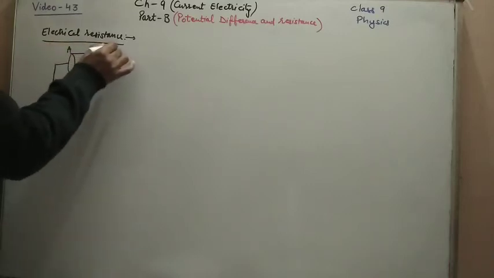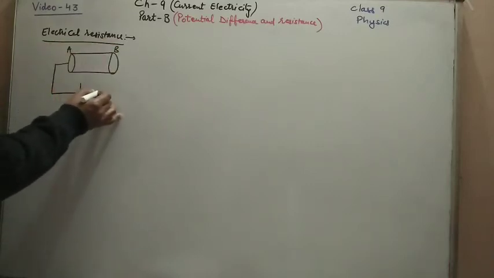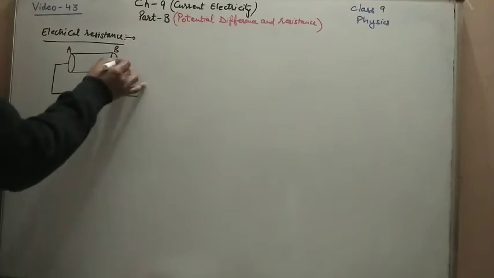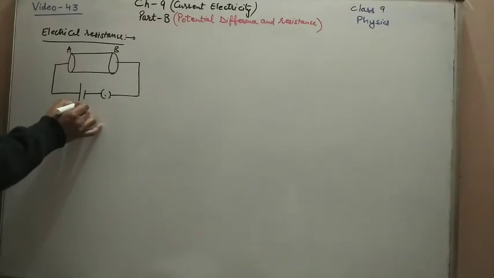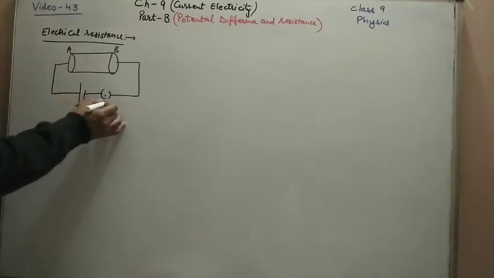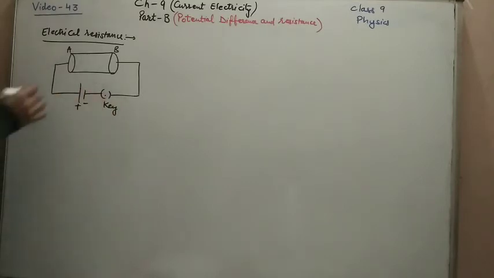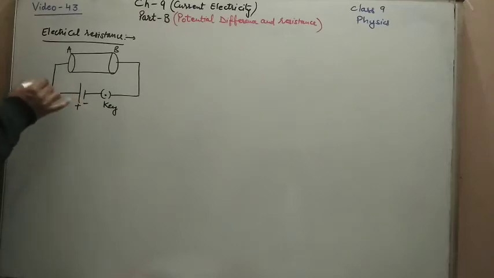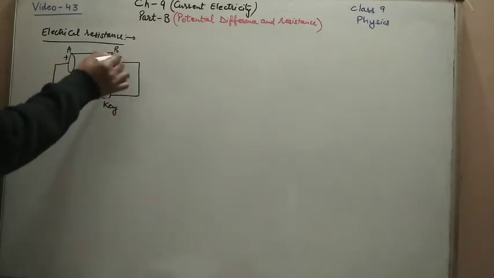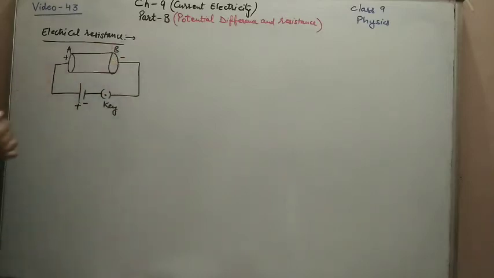Let it be a B wire, and it is connected with the cell in this simple circuit. This is the positive anode of the cell and this is the negative cathode of the cell. Here is the key. When it is switched on, positive potential will come to this A end and B end will become negative potential.